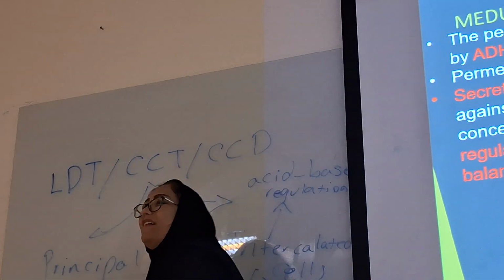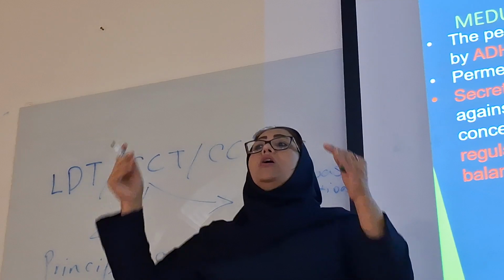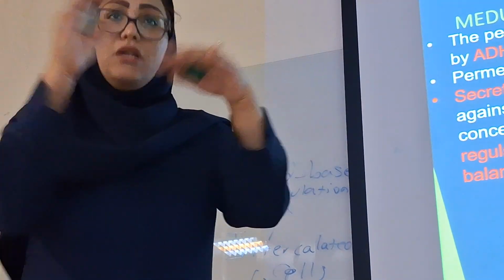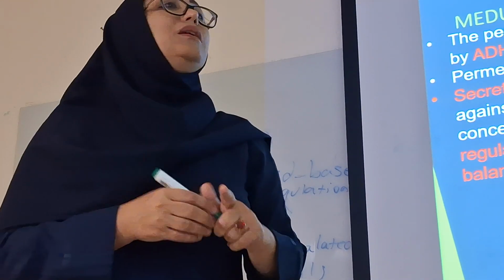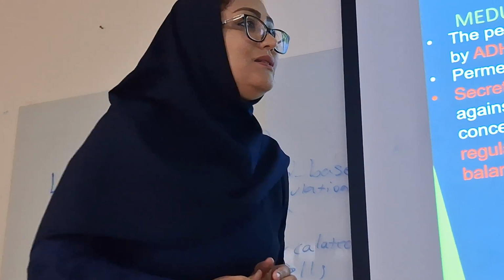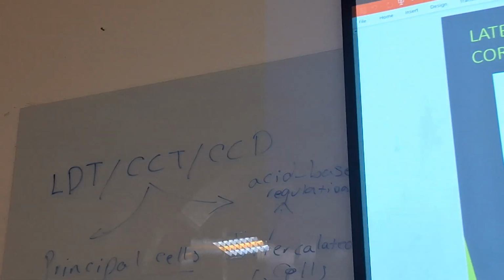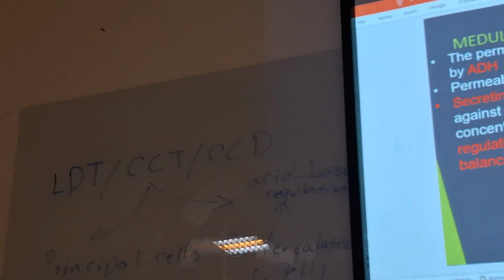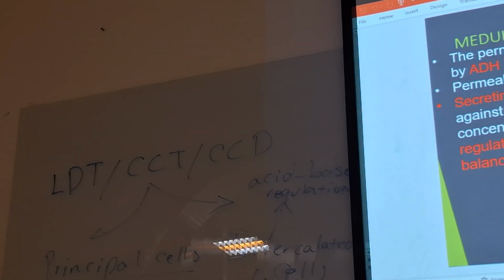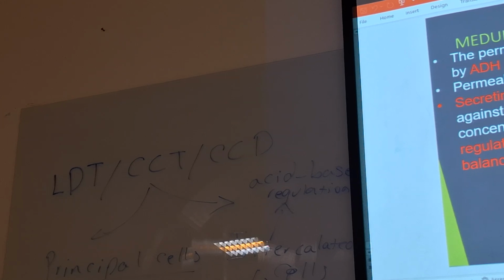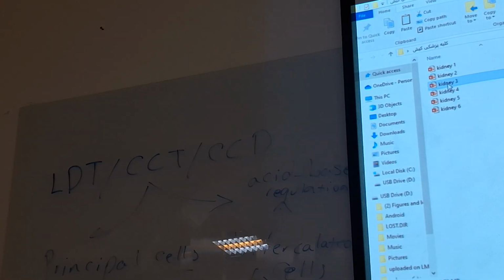When we have ADH, urea and water together begin to be reabsorbed. Got it? We will talk about ADH, the urea transporter, and also water reabsorption in the next part.